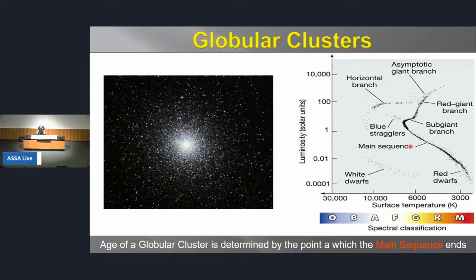HR diagram of globular clusters is this little sprinkling of what they call blue stragglers, these hot blue stars here. It was long a mystery why we'd be getting these hot blue stars in a globular cluster when they all should have long since burnt out and died. And it seems to be the case that because globular clusters are so compact and have so many stars in a small space, we do actually have stellar mergers.